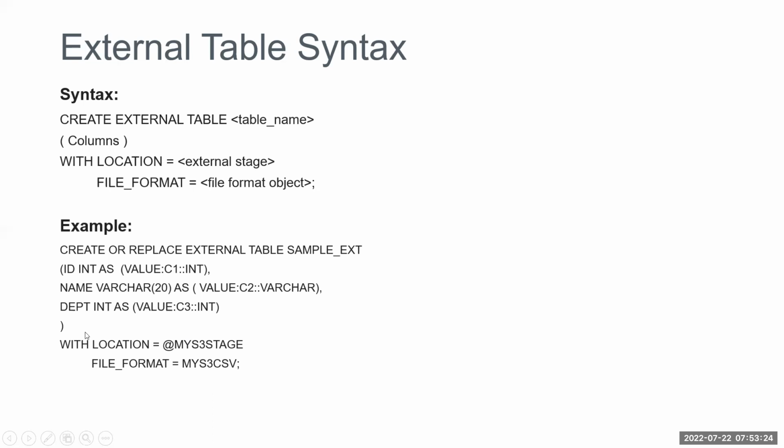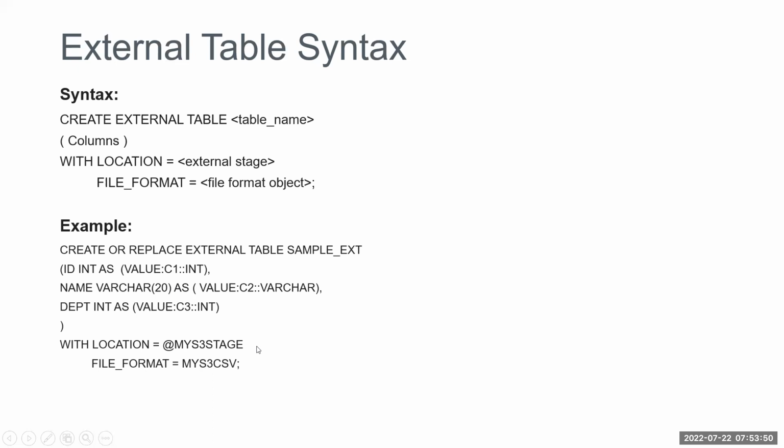We'll see this when we look at the actual files and external tables, and you will easily get it. So the syntax is you mention the field in the external table and its data type, and in the brackets, which field you are bringing from the external stage.